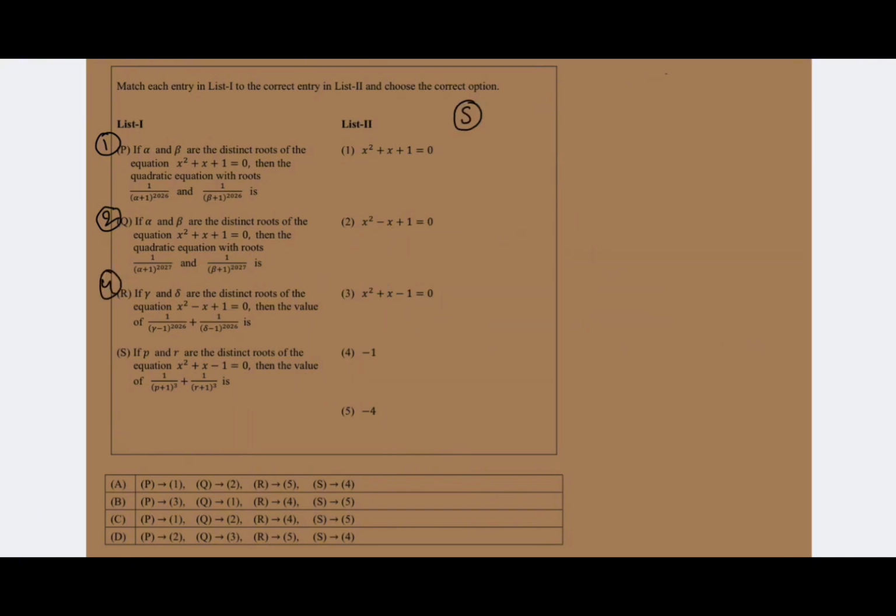In the last item, our quadratic equation is x square plus x minus 1 equals 0, and p and r are its roots. So we can write p plus r equals minus 1 and pr equals minus 1. And we have to find the value of 1 upon (p plus 1) cube plus 1 upon (r plus 1) cube.